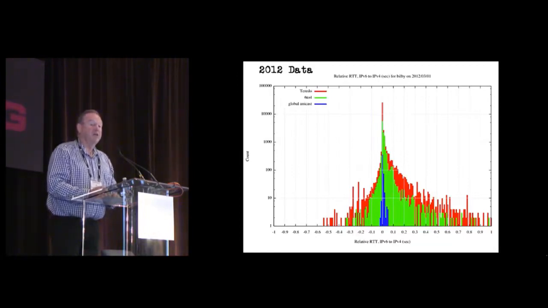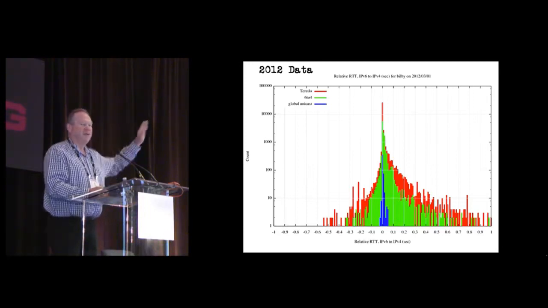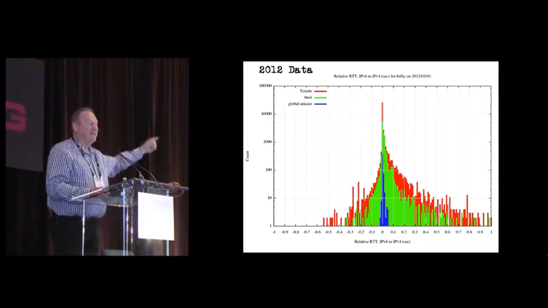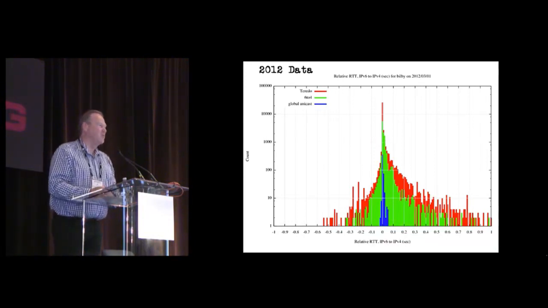And this is 2012. The red is Teredo, the green is 6-4, and the blue is unicast. And if it's off to your right, V6 was slower. If it's off to your left, V6 was faster. Back in 2012, V6 was obviously slower.